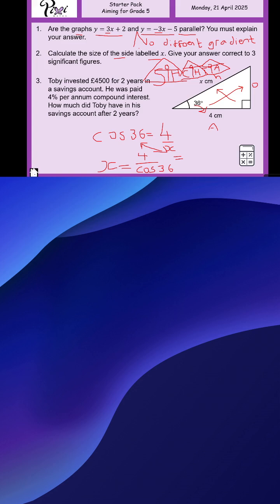Let's go back to our scientific calculator. We're going to have 4 divided by cos 36, close our brackets. If I'm not mistaken, I get 4.94 to 3 significant figures, so 4.94 centimeters.